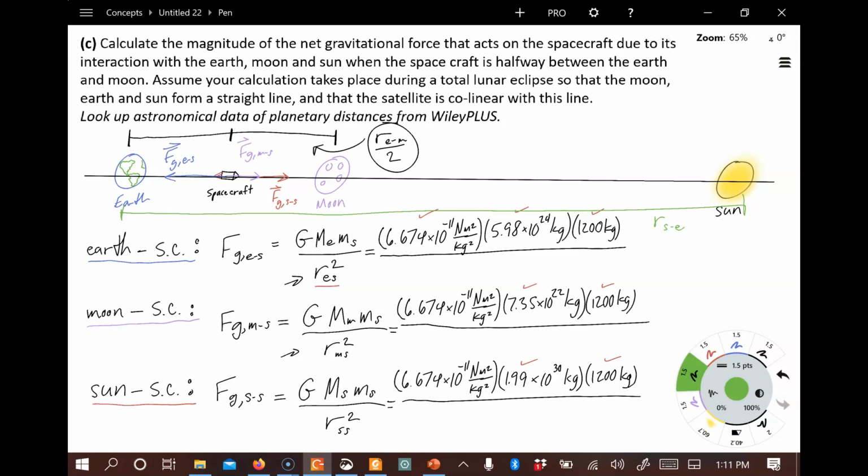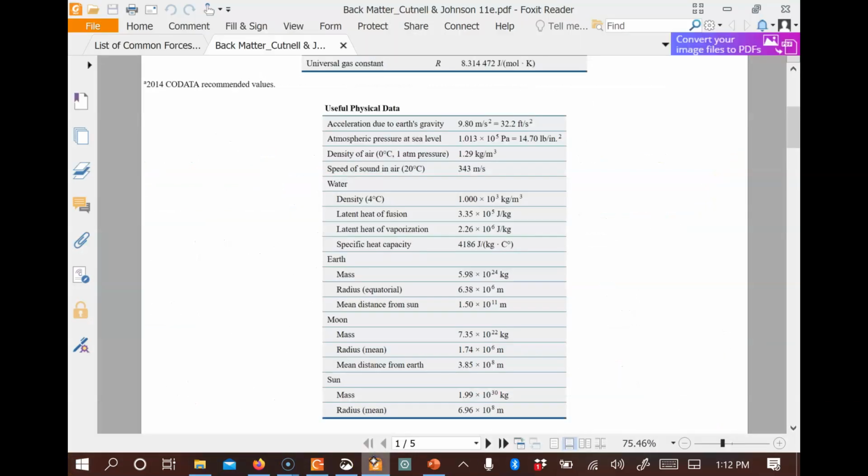We're going to just use that number for the spacecraft, because we know this drawing is not to scale. This is really, really far, this part here. And so anything between the Earth and the Moon is small compared to the Sun's distance. So we'll use the Sun's radius to the Earth for this one down here. And so if we go look those up, let's see here.